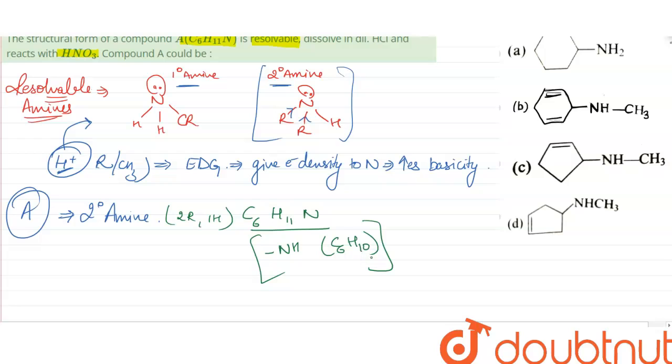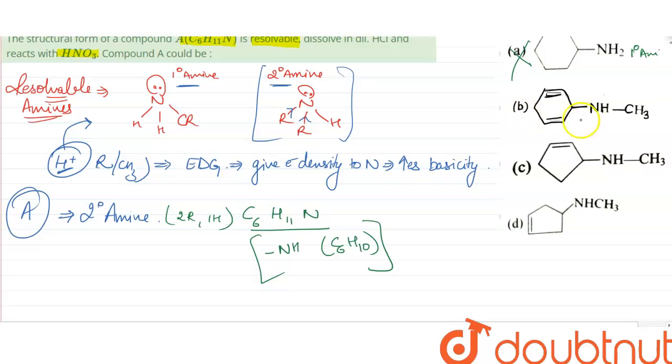Now we can easily see which compound fulfills these parameters. Let's get started. If you see option A, it says the compound has a six-membered ring with NH2. NH2 means it is a primary amine, and we are dealing with secondary, so primary amine is not an option.